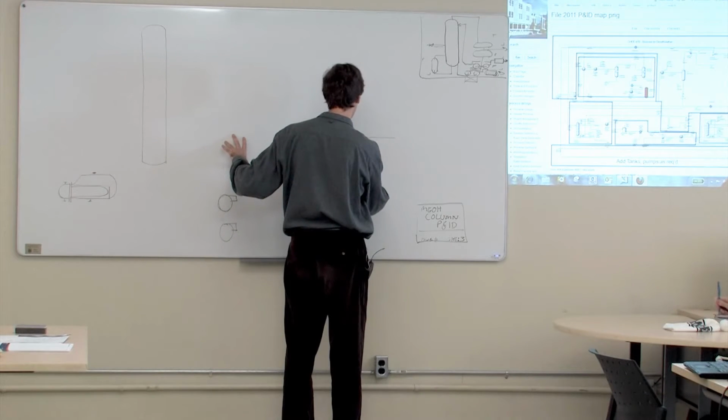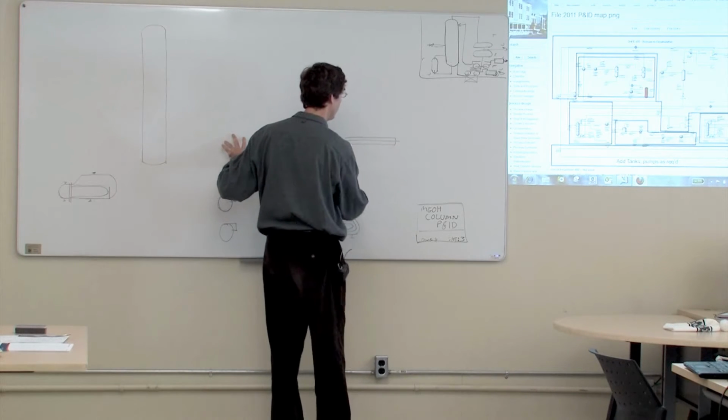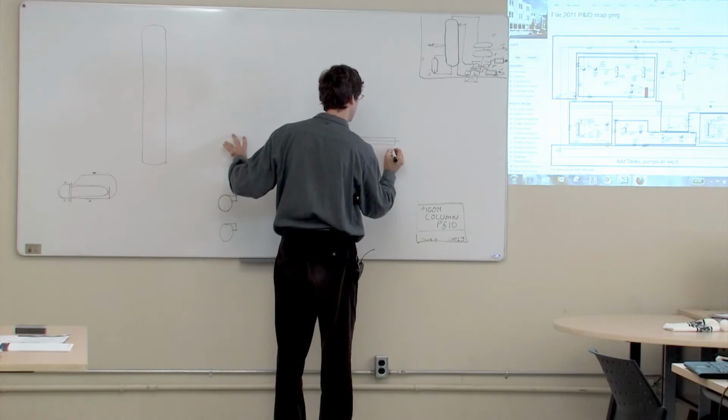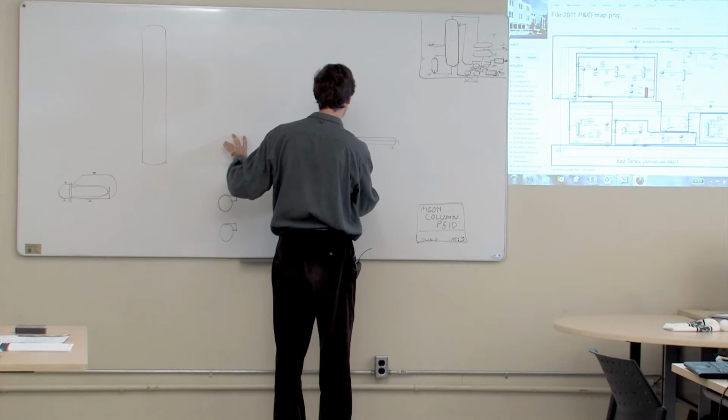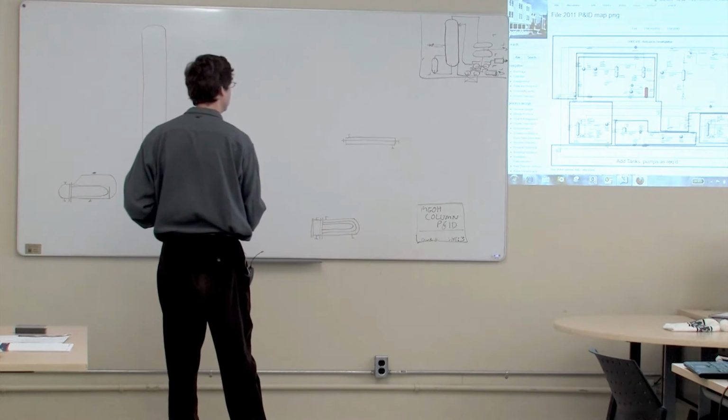Okay, so I'm just going to draw it really as a straight line like this with a line through it. Sometimes they'll flip back on themselves, so people will draw them kind of as almost like a U shape. Flange on like that. Okay, so there's our overhead cooler.